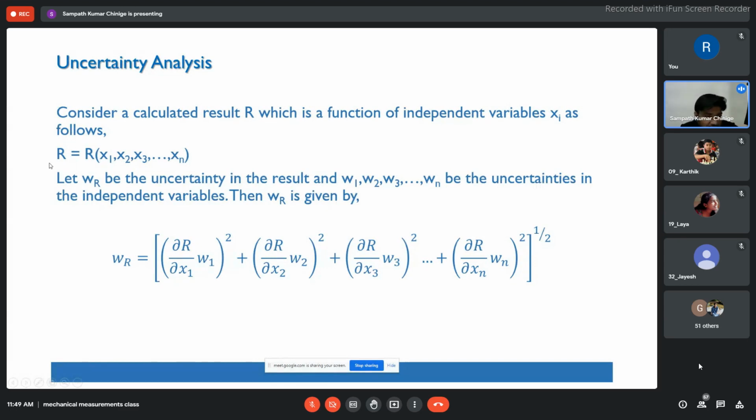If you have to estimate that, then a famous person has given this. The famous person's name is McLean and McClintock.